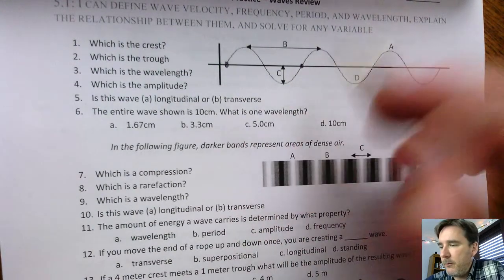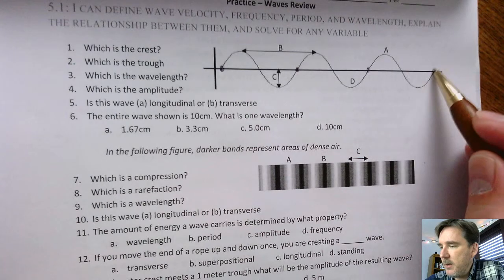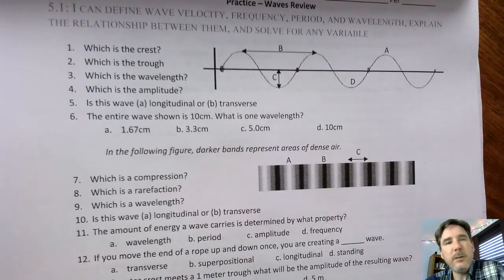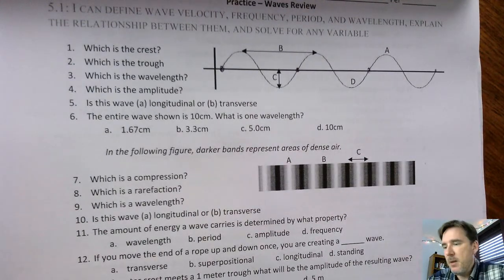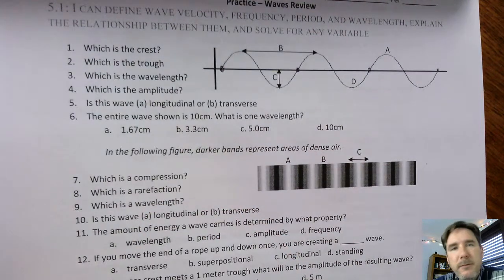So there's one wave, another wave right here, and another wave right here. So there's three complete waves in this diagram. And so you take the 10 centimeters, divide by 3, and the answer would be 3.33 repeating. So the answer would be B there.